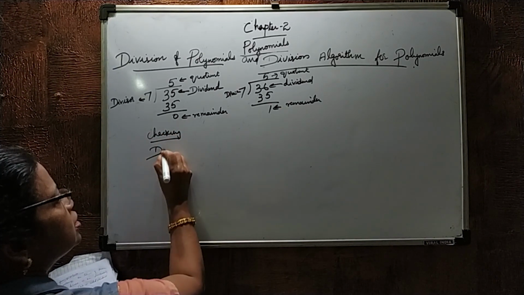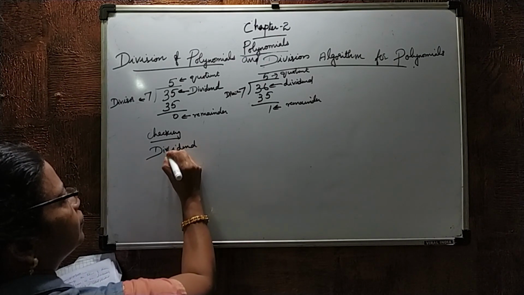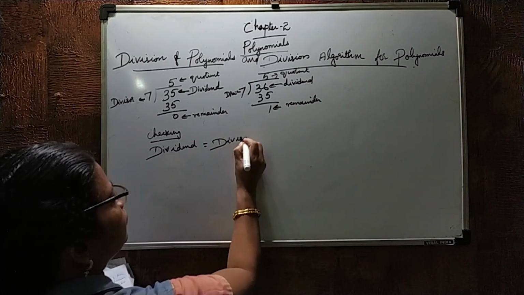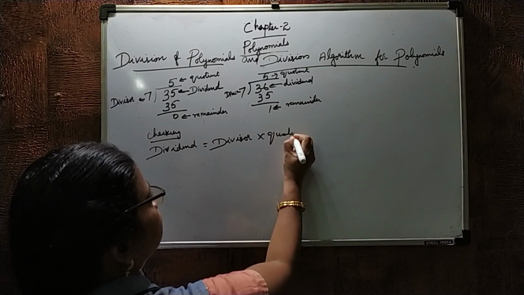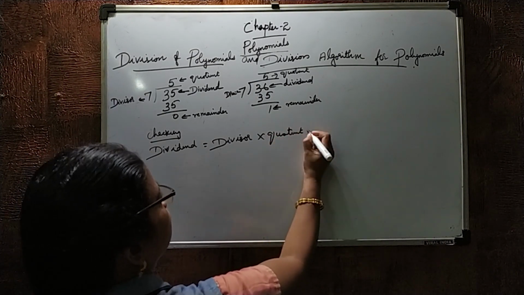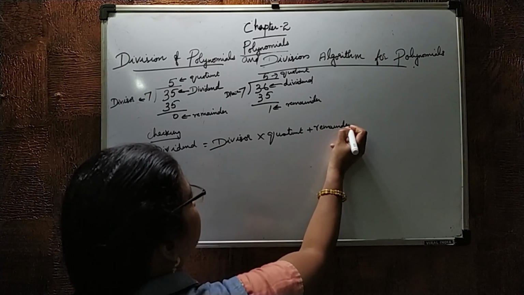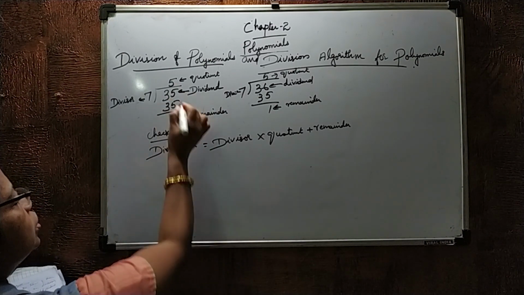Dividend equals divisor into quotient plus remainder. Dividend means, first question we will take, dividend is equal to 35.